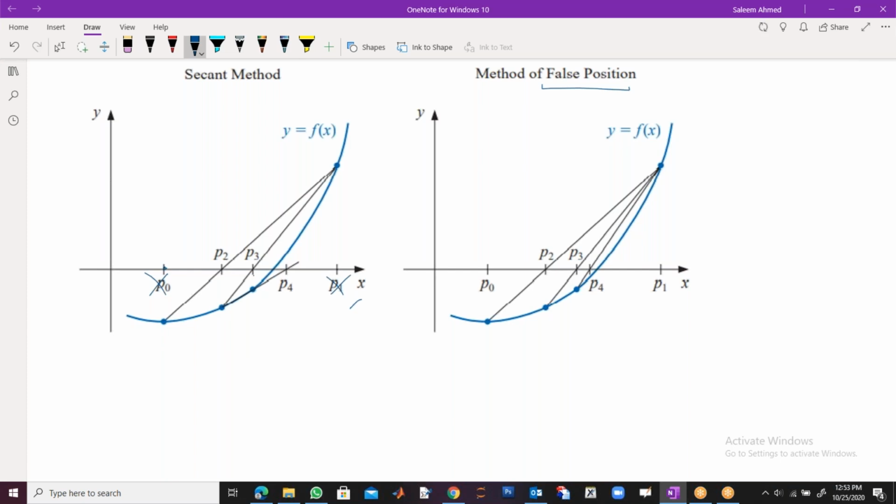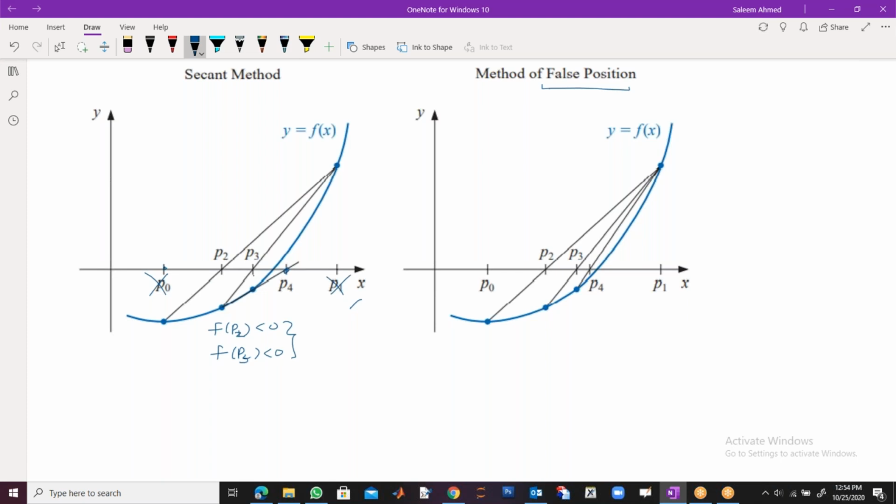F at P2 and P3 are both negative, but we don't care. It's not a bisection method where we check the signs, right? So both are negative, no problem. We can still take the secant line and extend it to the x-axis and get this P4. So the secant method does not ask you to check the signs of your function at these 2 points.